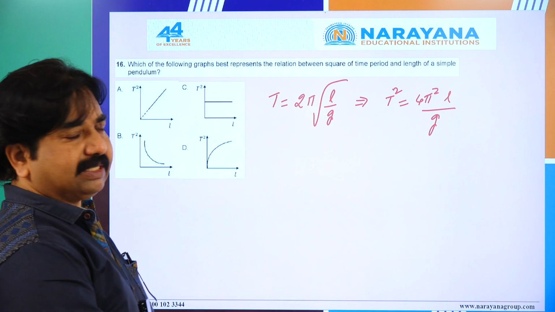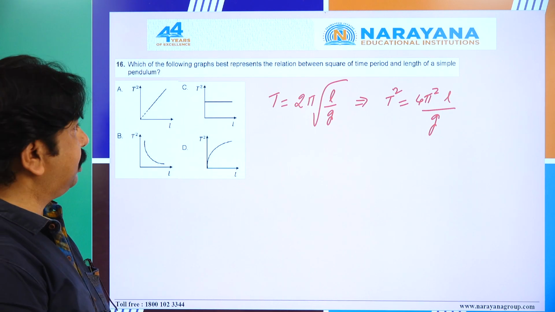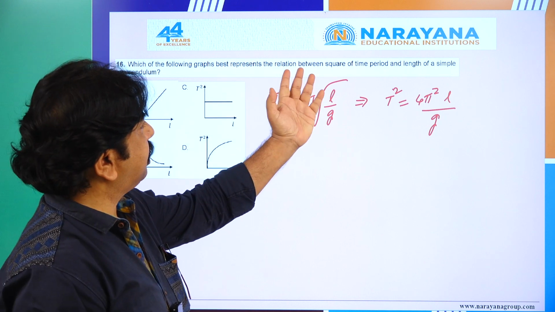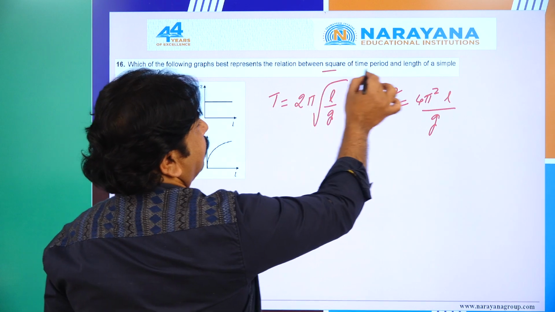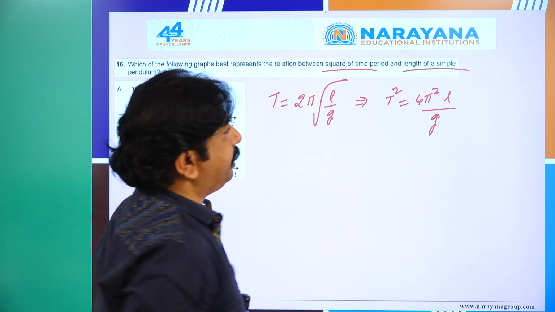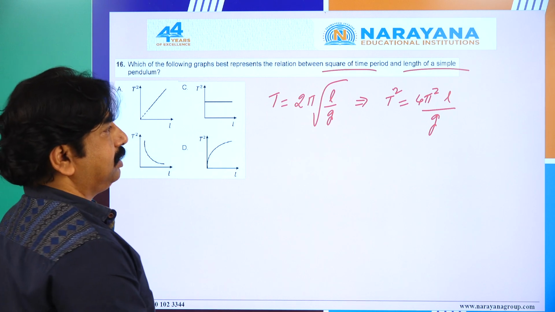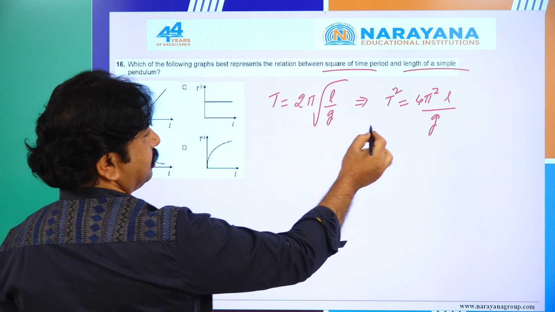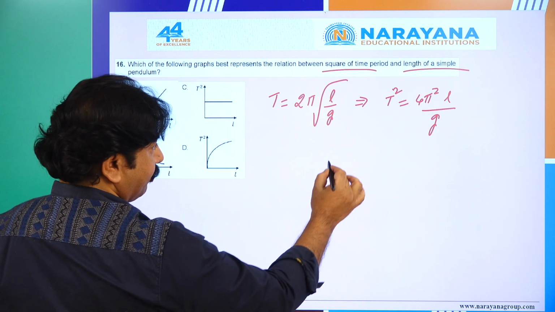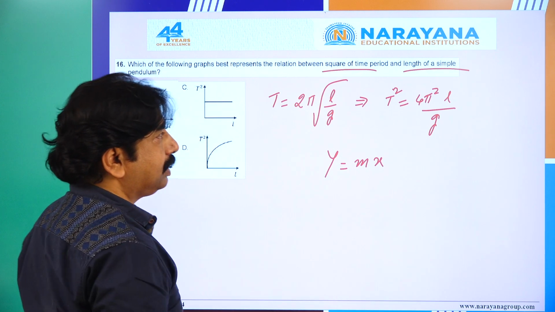Why are we squaring the terms on both sides particularly? Here they are asking the graph between the square of the time period and length of the simple pendulum. That's why we are converting the formula like that. So this seems to be y is equal to mx type.